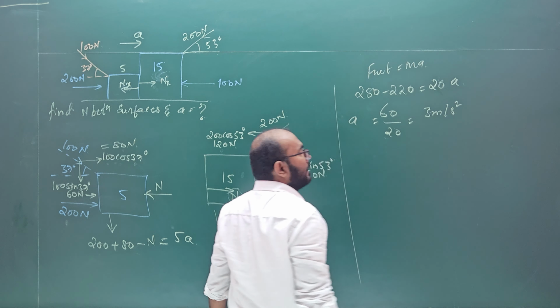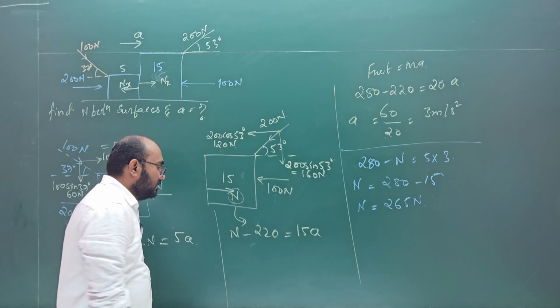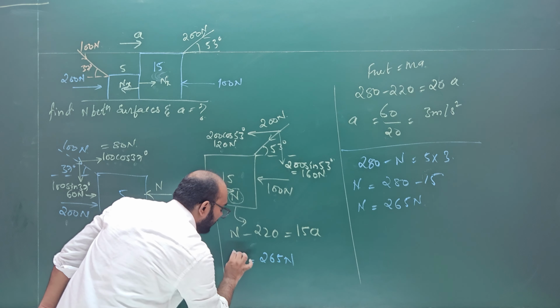Similarly, substituting in this one also we can get the same value. 15 into 3, 45, and this 45 and 220 goes over there. Again here also you will get 265 as the value of normal.